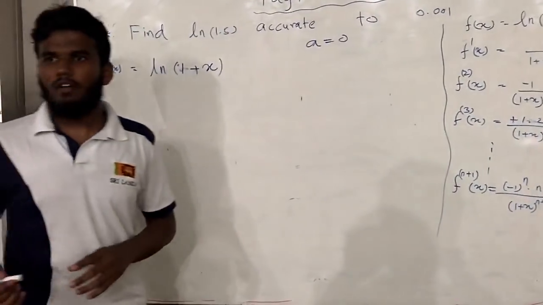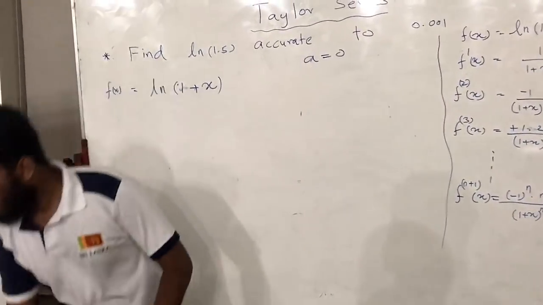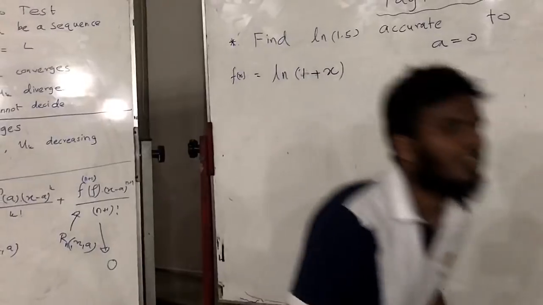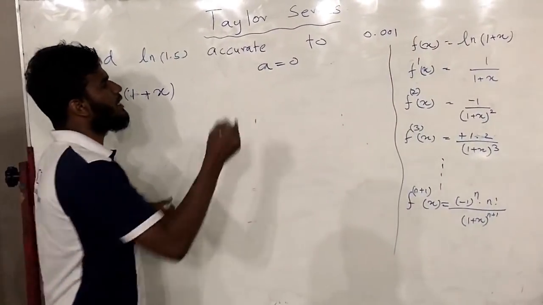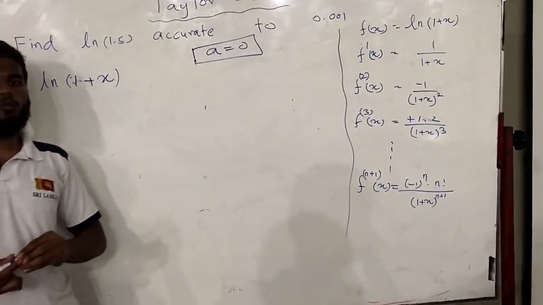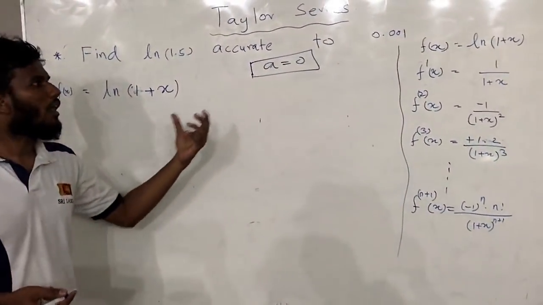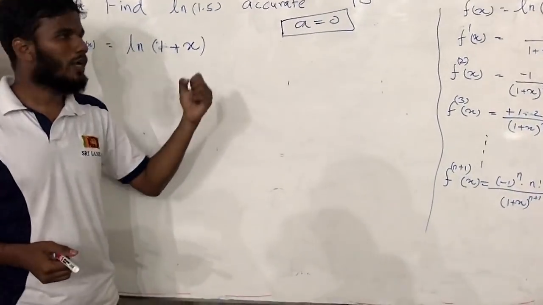We can use other values also, but if we use a equals 0, it will be more convenient. We use a = 0 in most of our problems, but if they ask us to find the solution at some other points, we should use other points.